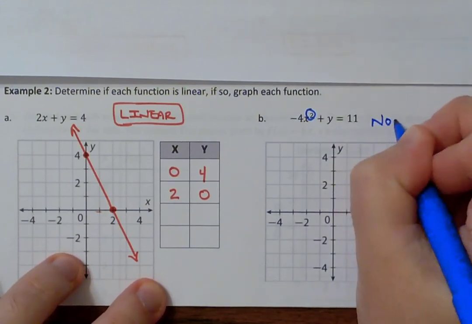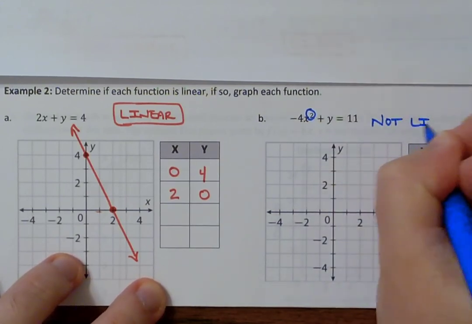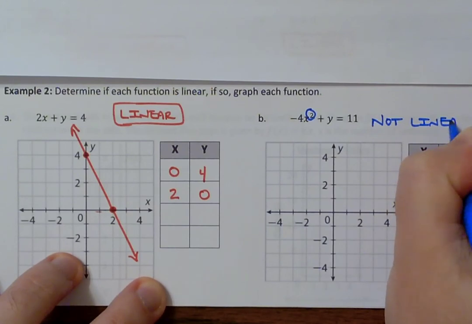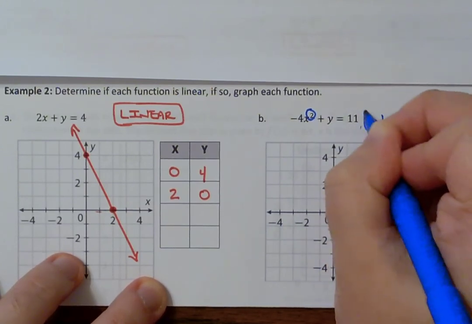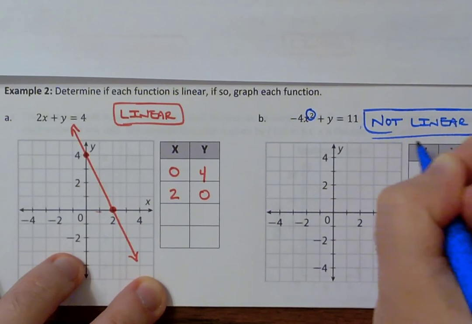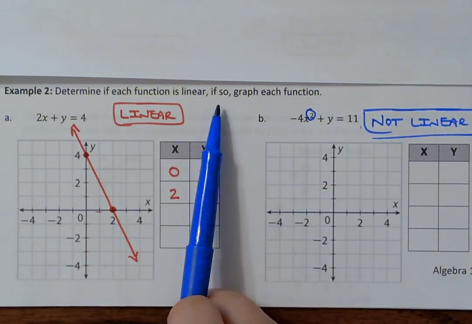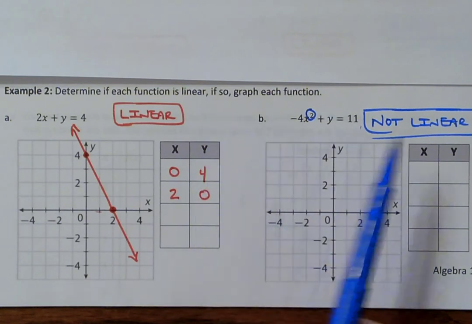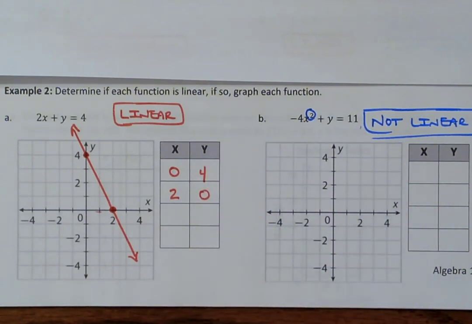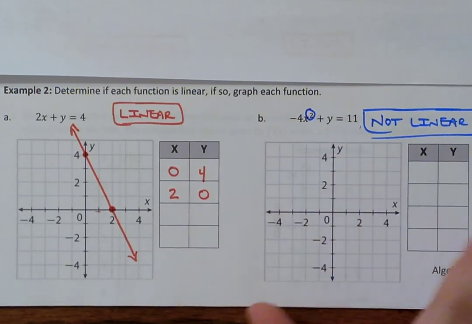So that means this is not linear. Now, because it's not linear, this problem only wanted me to graph if it was linear. So that means I am done with that question. Because I have x to the power of 2, it's not a straight line, and I don't need to graph it. So that is my answer for part B.